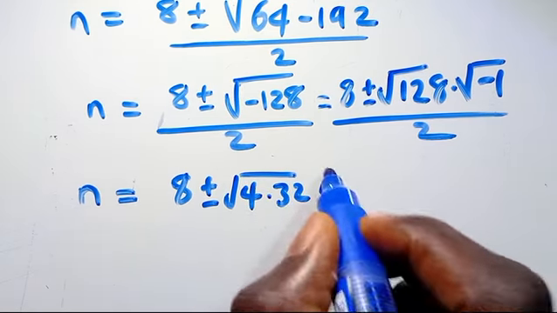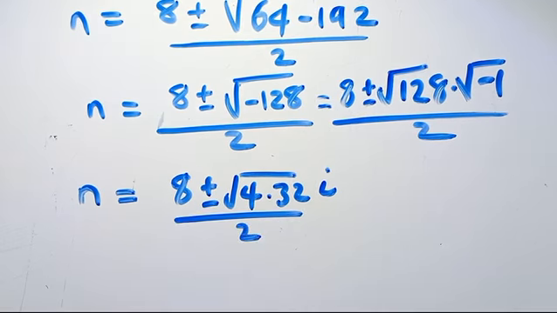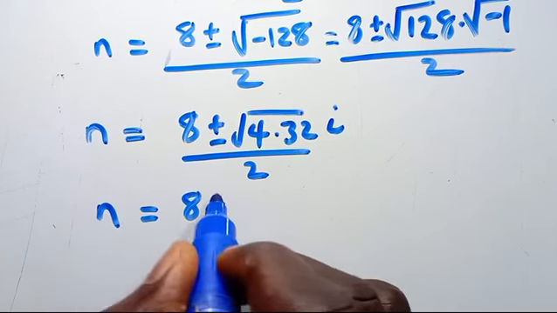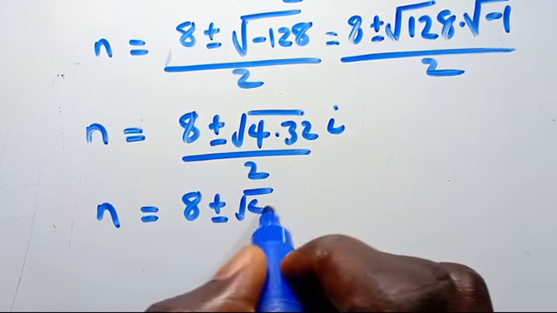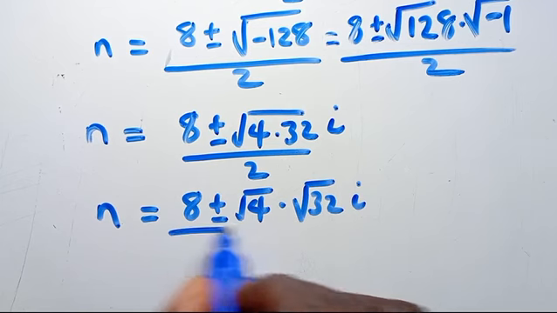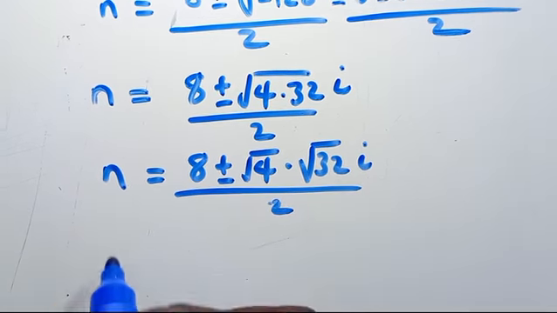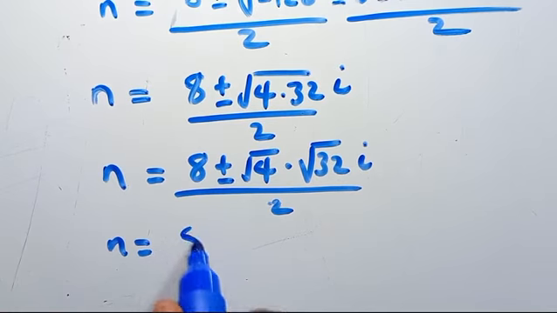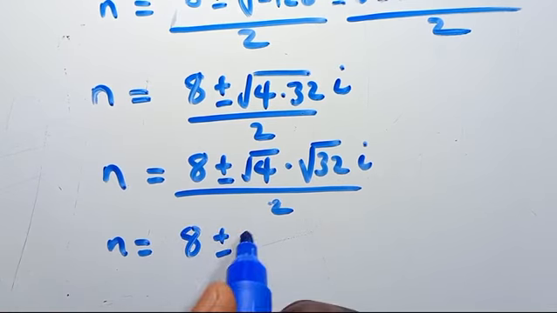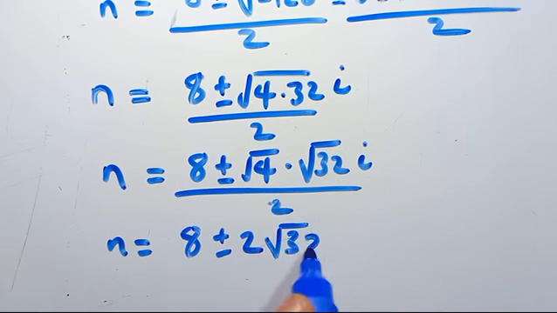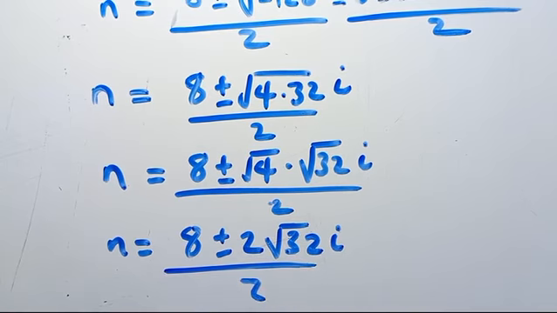The root of 4 will be 2, with root 32i over 2.